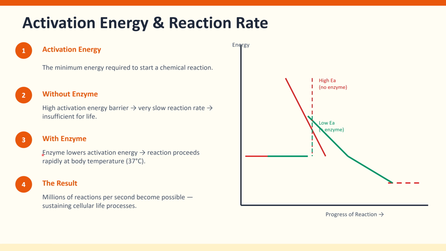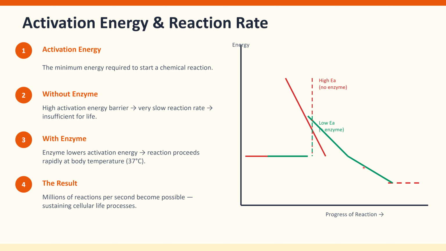With enzymes, enzymes lower activation energy, and the reaction proceeds rapidly at body temperature, 37 degrees centigrade. These green solid lines on your graph show what happens when we add an enzyme. The enzyme lowers the activation energy.